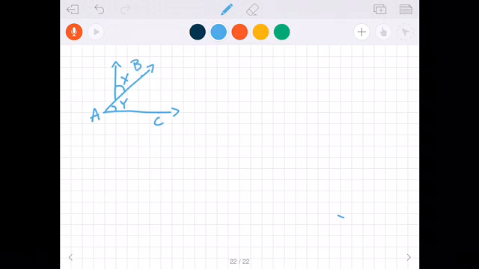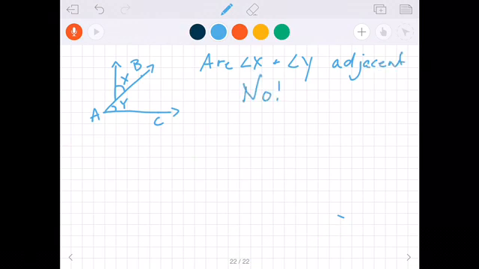And the question is, are angle X and angle Y, whoa, that's not a Y, this is a Y, adjacent? And the answer is no, because they do not share the same vertex.